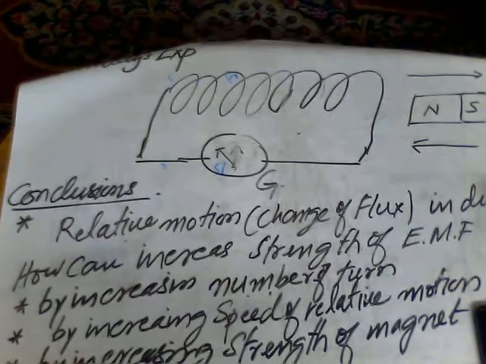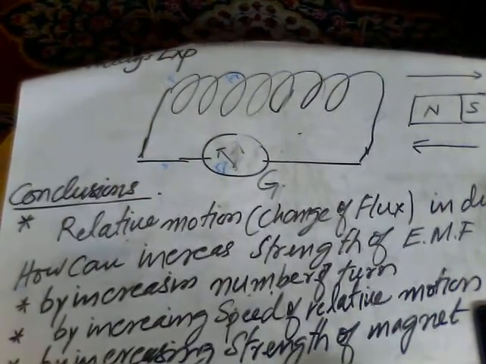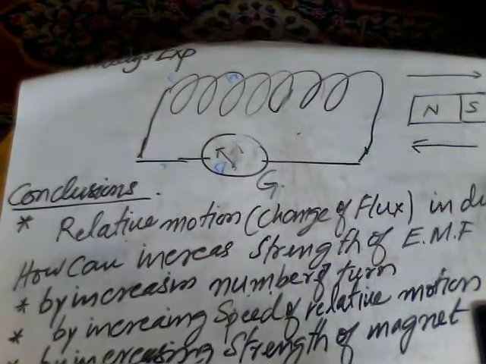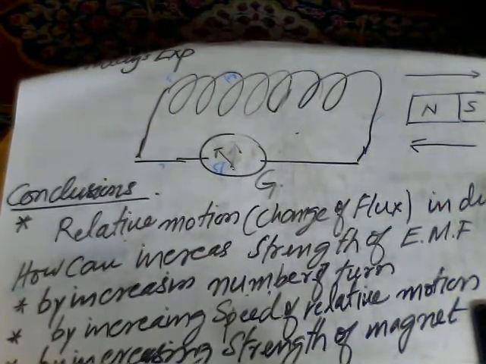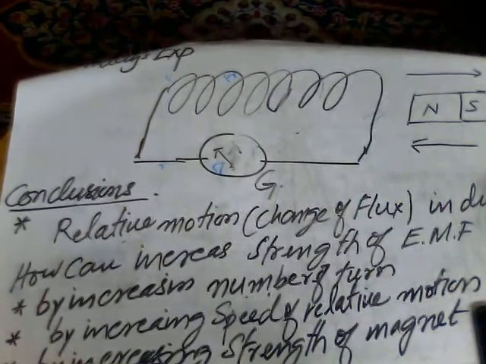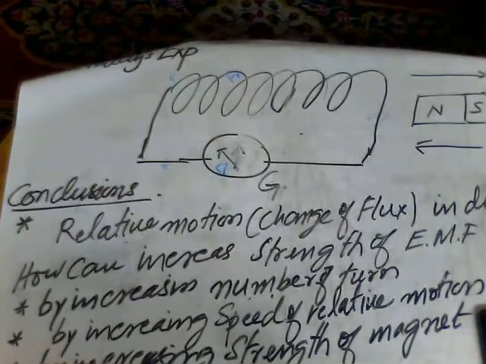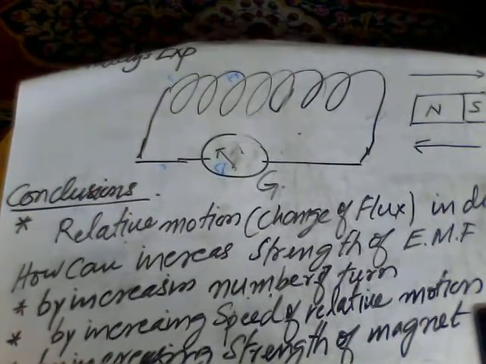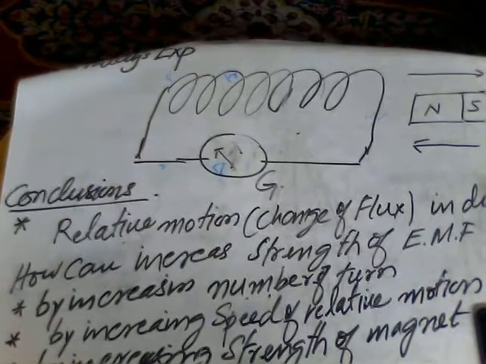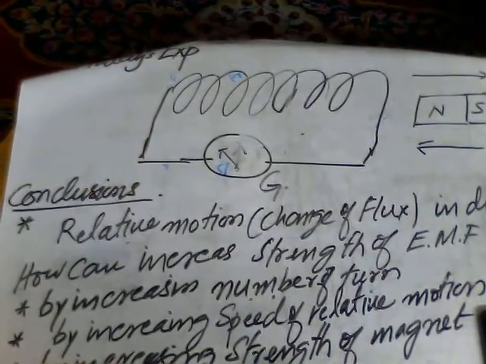We can find this by attaching an ammeter. A galvanometer only detects the presence of current, whereas an ammeter measures it. So in place of the galvanometer we will use an ammeter to check whether EMF increased, remained constant or reduced.